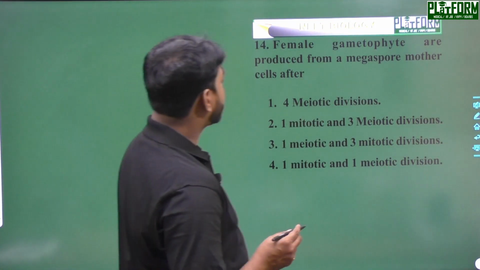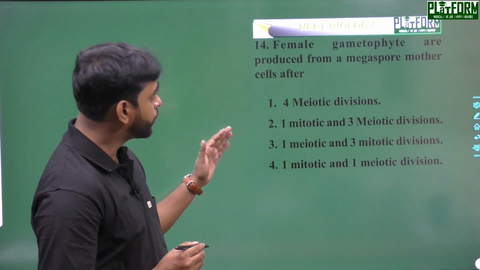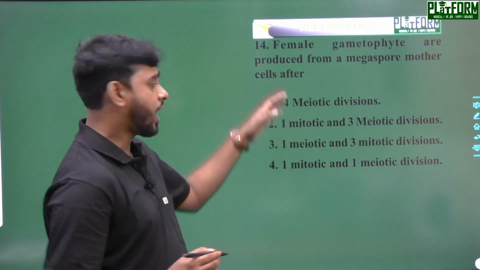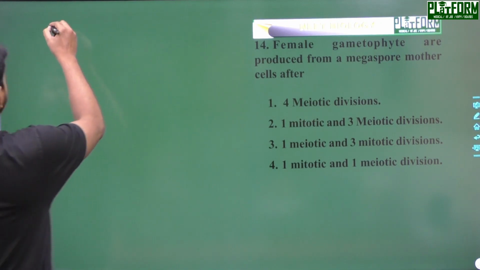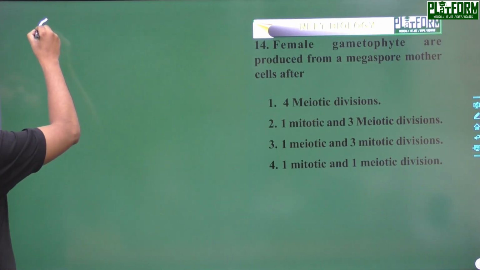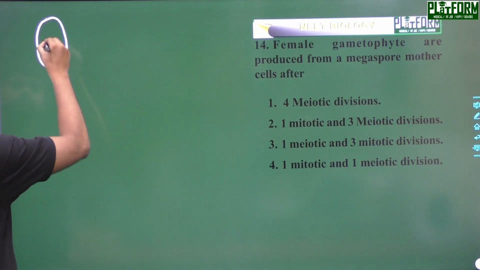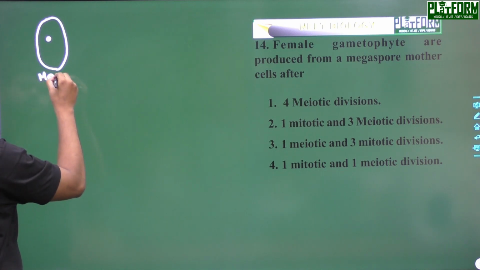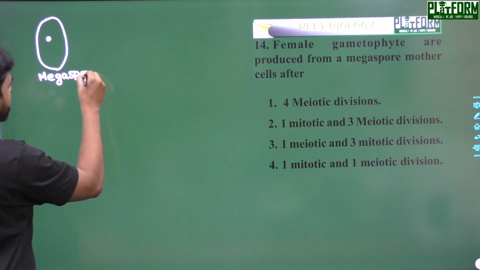In this particular question, it is written that the female gametophyte is produced from a megaspore mother cell after, and these are the options. Okay. Now, we know that, let's assume this one is a megaspore mother cell.